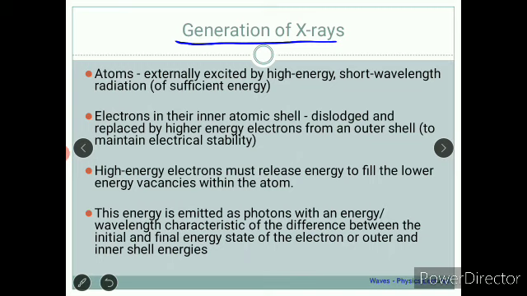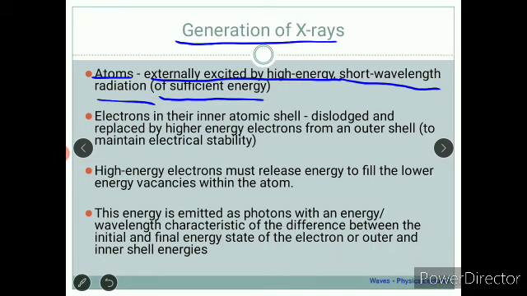We have atoms, and these atoms are externally excited by high energy, short wavelength radiation. Please remember, this short wavelength radiation can even be X-rays, which have sufficient energy to generate more X-rays, because it dislodges an electron, because of which some X-rays are generated, which we are going to see in the next slide.